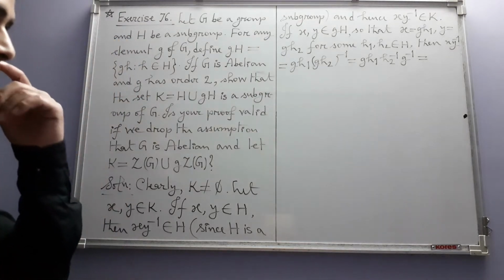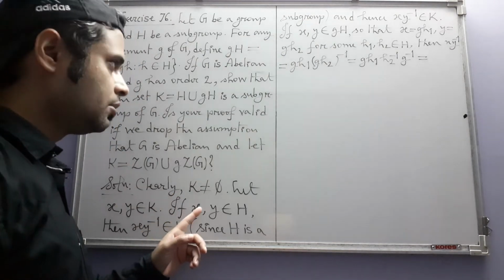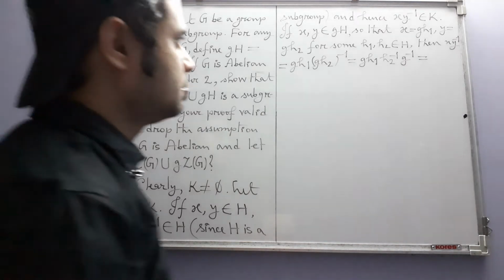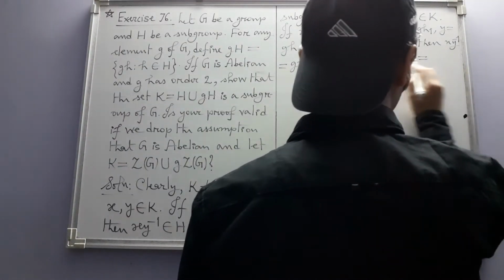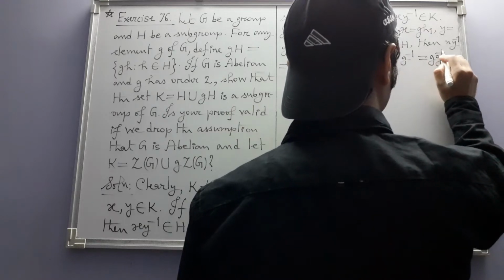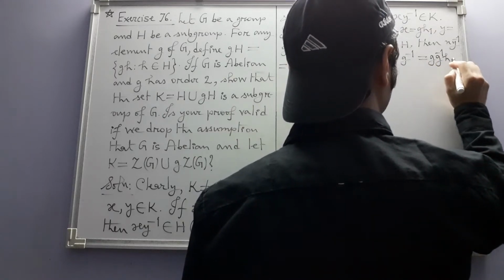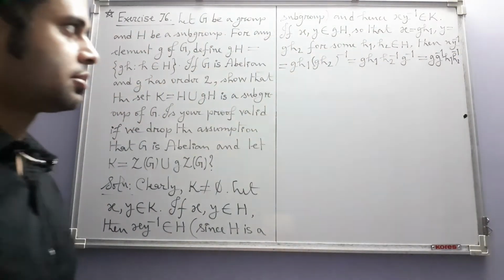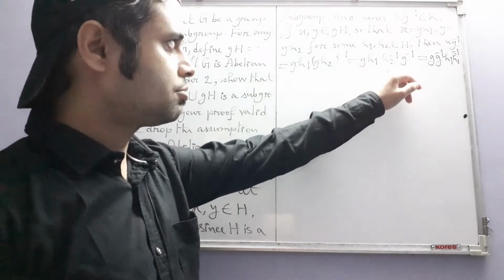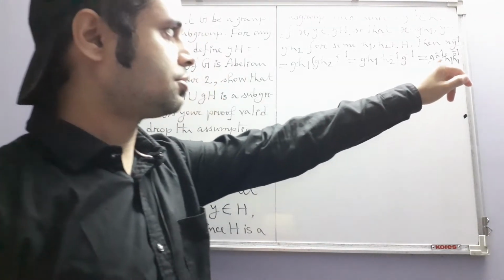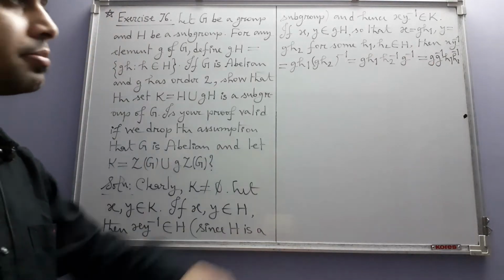Now because we are in an abelian group, in place of h1 h2 inverse g inverse, we can write g inverse g h1 h2 inverse.